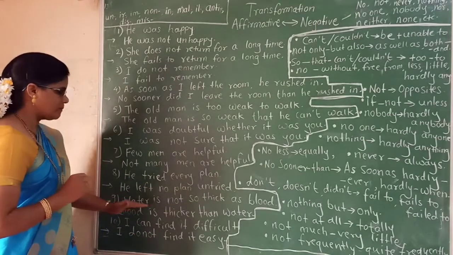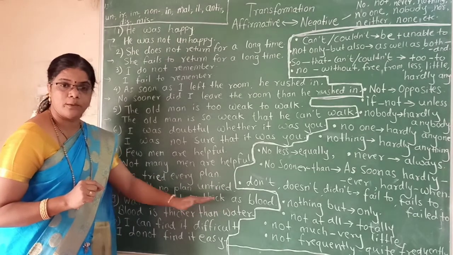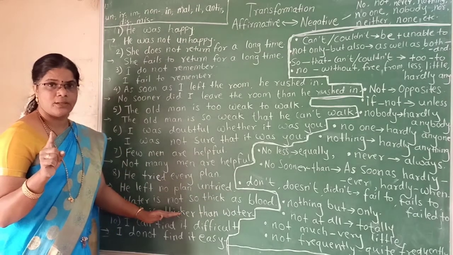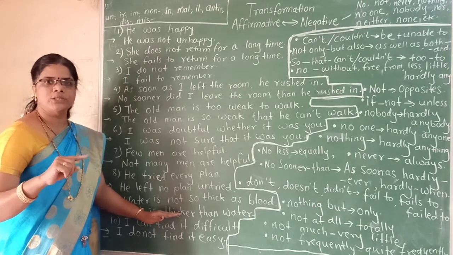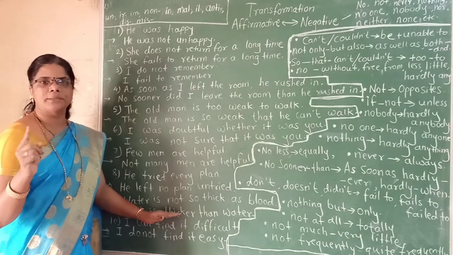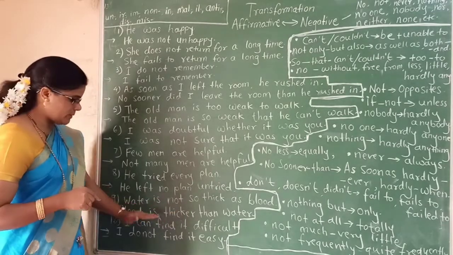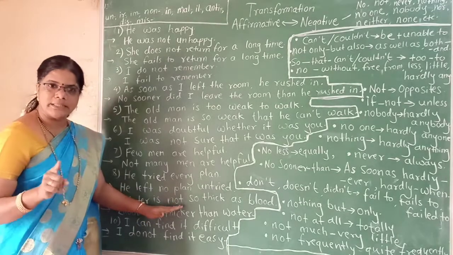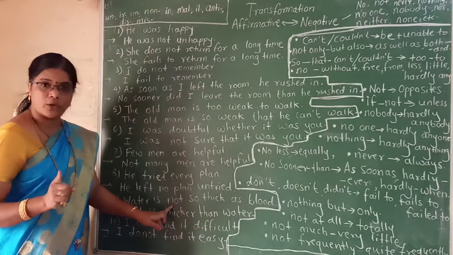sentences. Next one, water is not so thick as blood. See here, a positive degree sentence. Change the degree. We have seen in the previous video how to change positive to comparative, comparative to superlative, then superlative to comparative, positive. Here, this positive degree sentence we have changed to comparative degree, and then we have removed this "not".